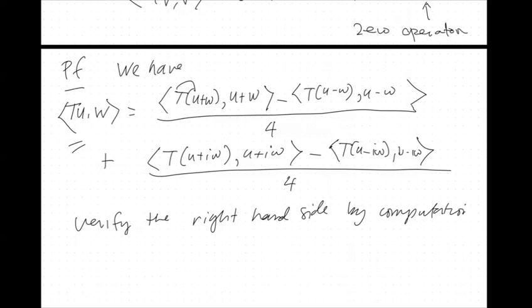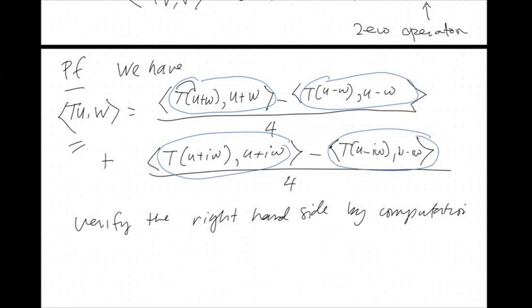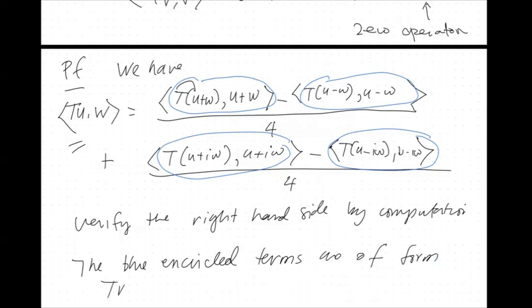So this term here, this term here, this term here. The blue encircled terms are of the form the inner product of T of v and v for some appropriate choice of v.